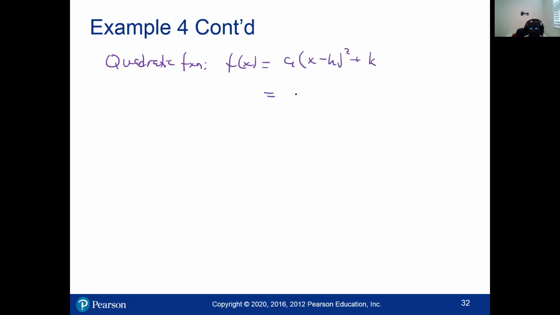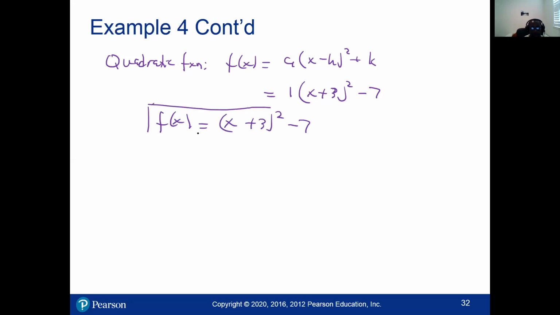Now a is 1, so we got (x plus 3) all squared and then minus 7. Which becomes f of x is equal to (x plus 3) all squared minus 7. So that gives me the quadratic function. So you see that given the information, we are able to get the quadratic function.